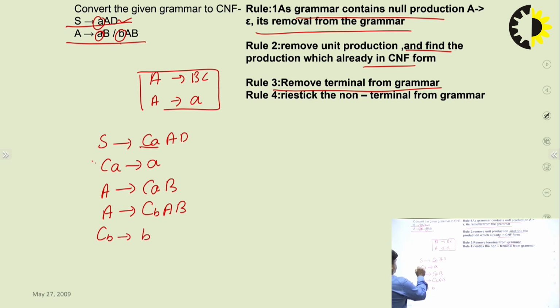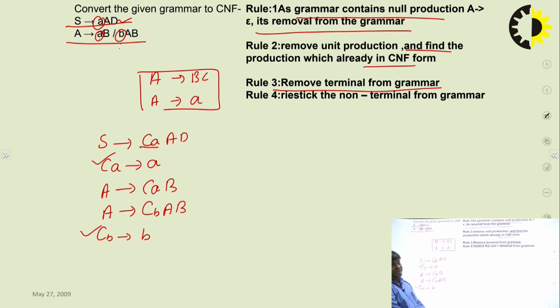So, with the help of these two productions, I remove the right side terminal which is followed by the non-terminal. This terminal is removed which is followed by two non-terminals. This terminal is removed which is followed by the non-terminal, and again this terminal is replaced by this non-terminal.